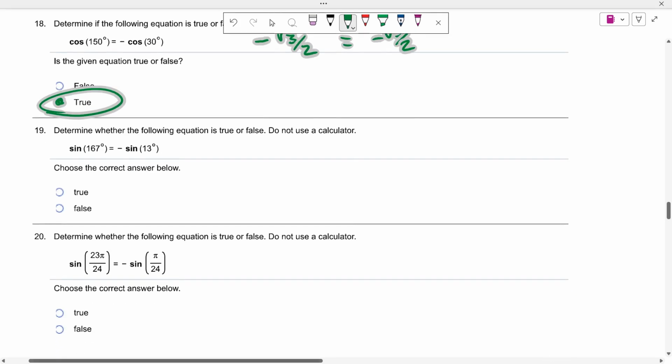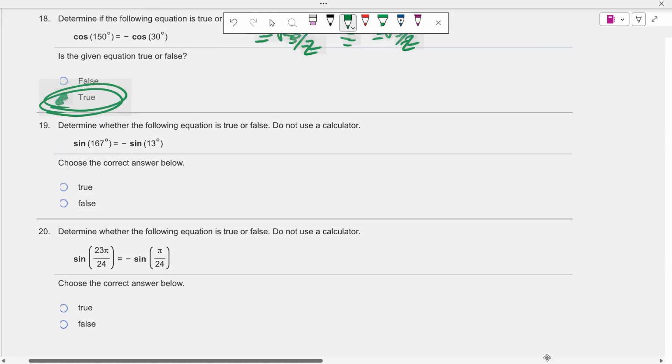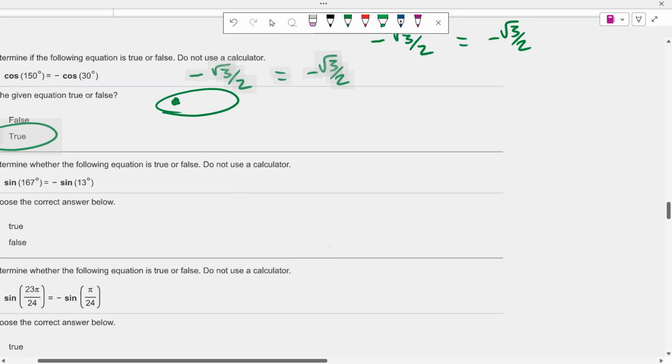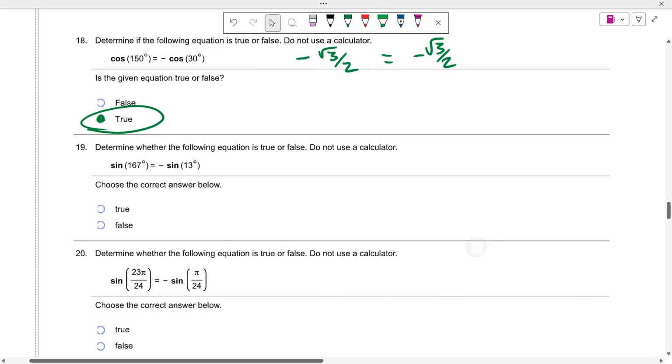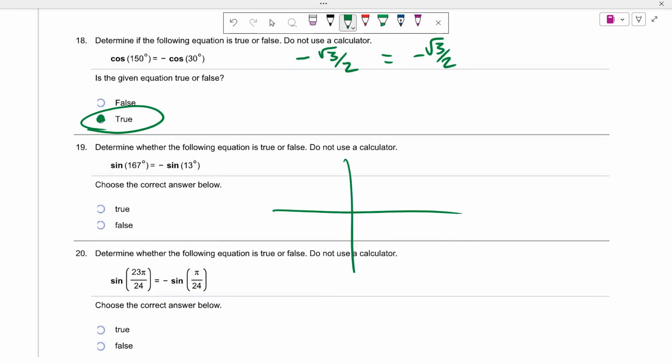The sine of 167 and the sine of 13. Don't know either of those right off the top of my head. Okay? But they're the same reference angle. Because 167 is there, 13 is there. 13 is 13 above 0. 167 is 13 above that.